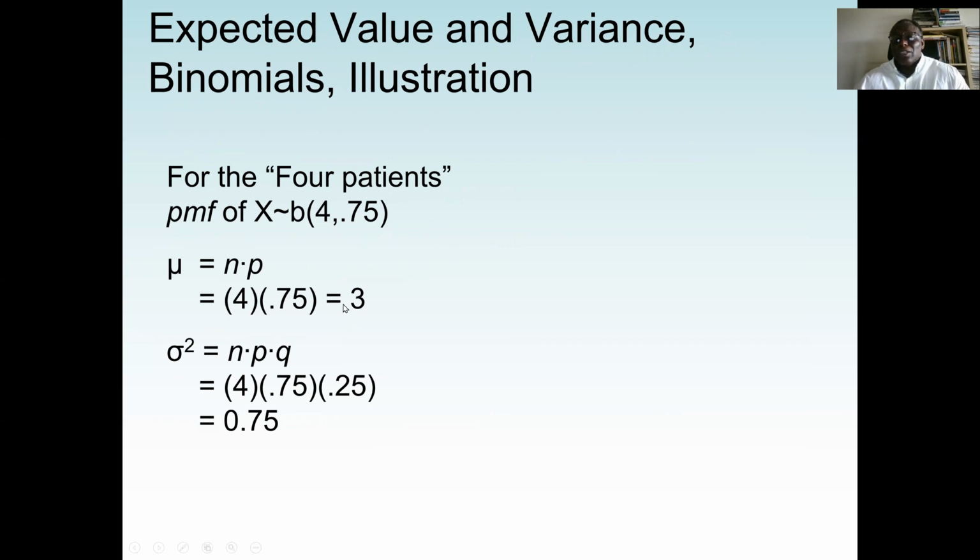Now, if they say we should find the variance, it will be npq. Since I know n is 4 and p is 0.75, then q will be 1 minus 0.75, which is 0.25. So our final answer will be 4 times 0.75 times 0.25, and that gives us 0.75. Now, if I want to find the standard deviation, then it will be the square root of 0.75.